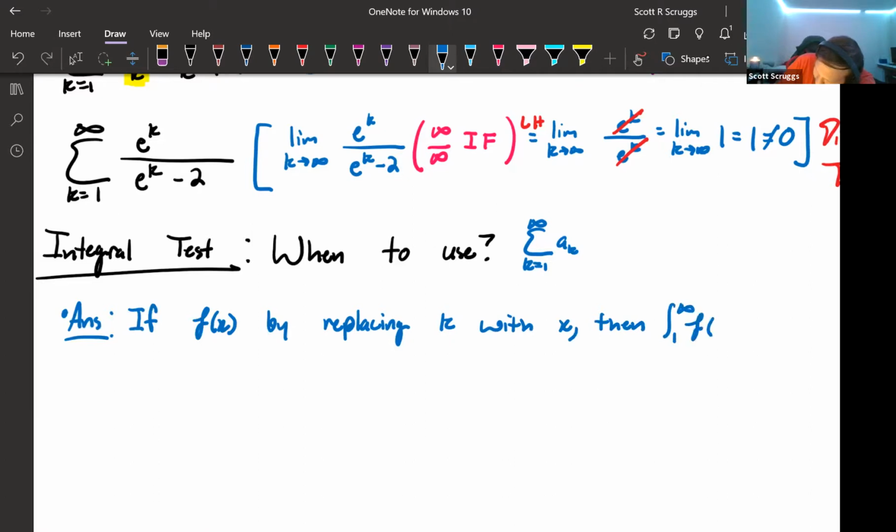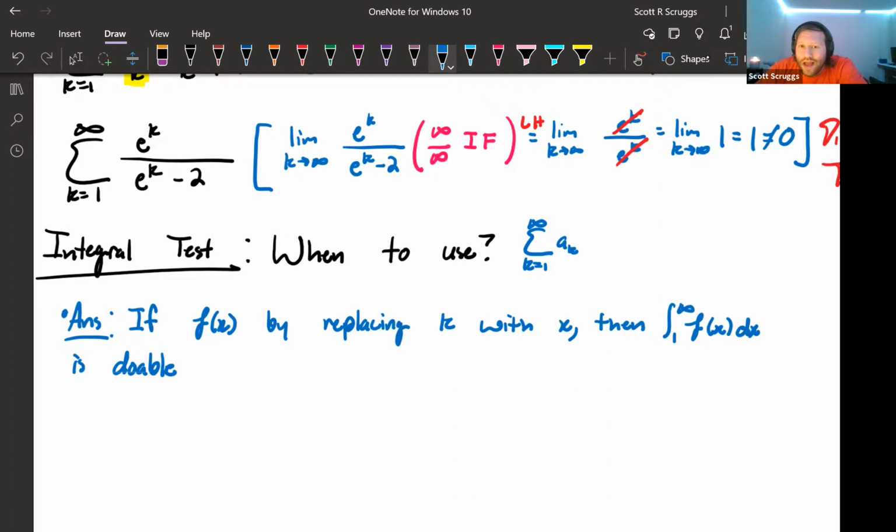Then I would use the integral test if that integral is doable, meaning that I don't have to do anything crazy to that integral, and I can use the methods that we learned in class.